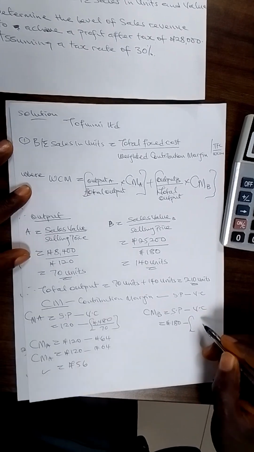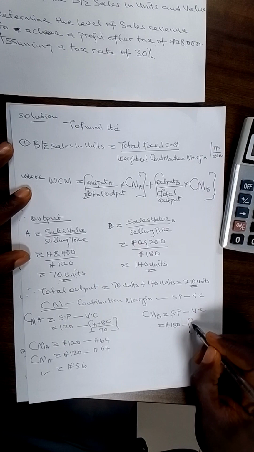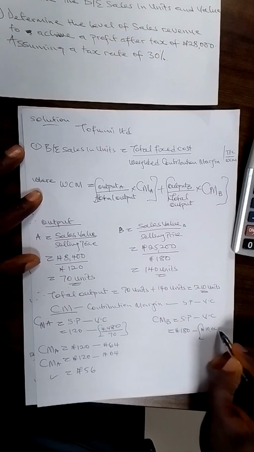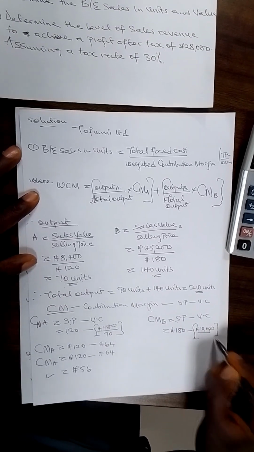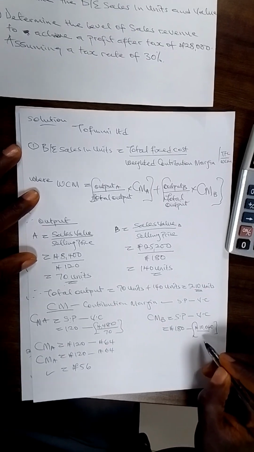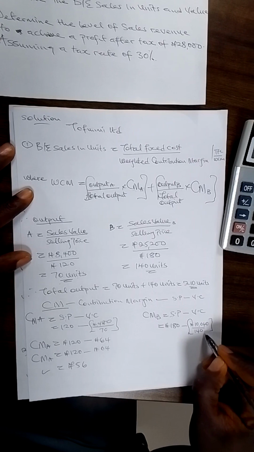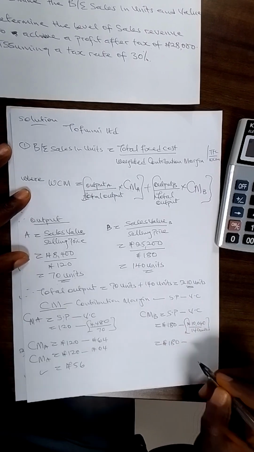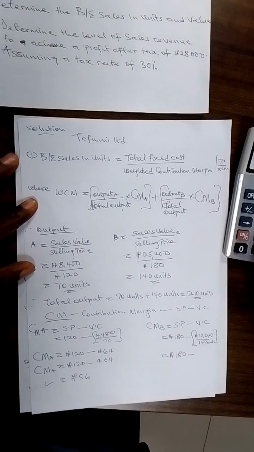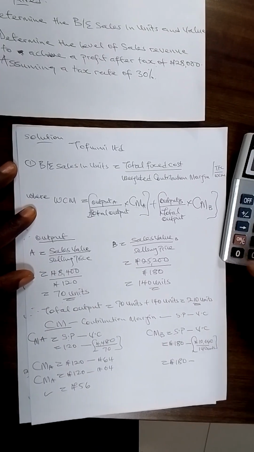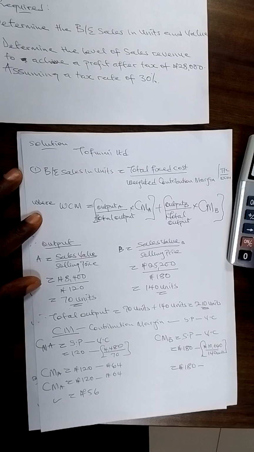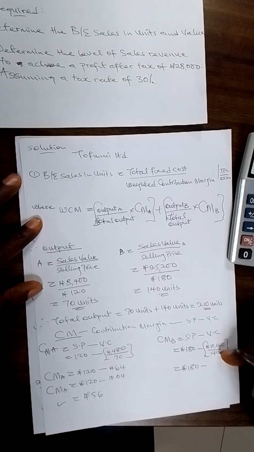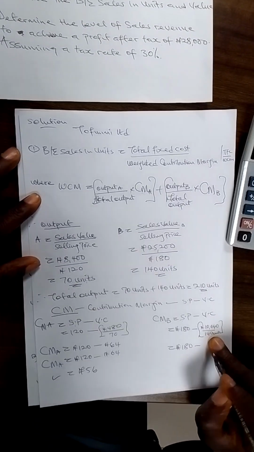Variable cost per unit has not been given, so we look at the total variable cost, which is 10,640, divided by the output of B, which is 140 units.